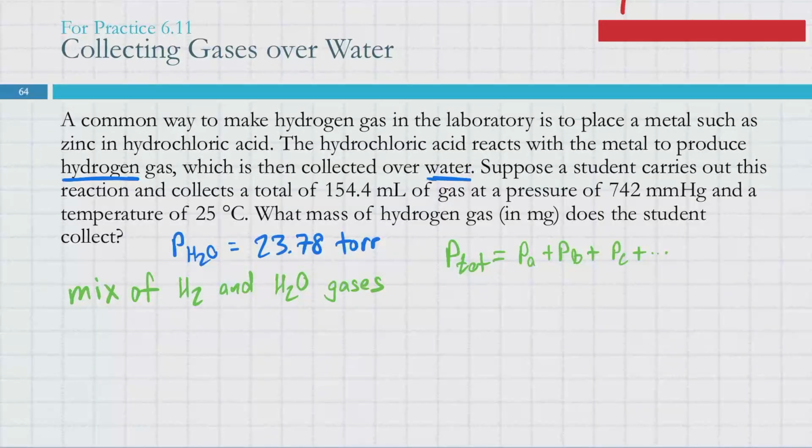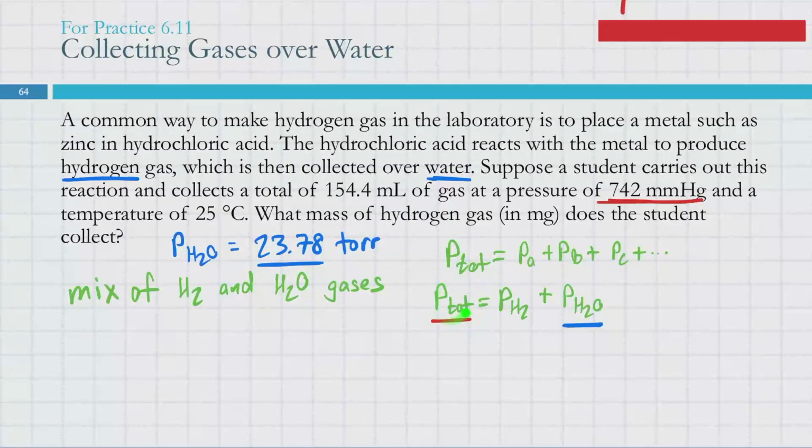We've got a two-gas mixture, and so it's just two things. So our total pressure is equal to the pressure of the H2 gas plus the pressure of the H2O gas. And we have the total pressure, it's 742, and we also have the 23.78 torr, that's the pressure of our water.